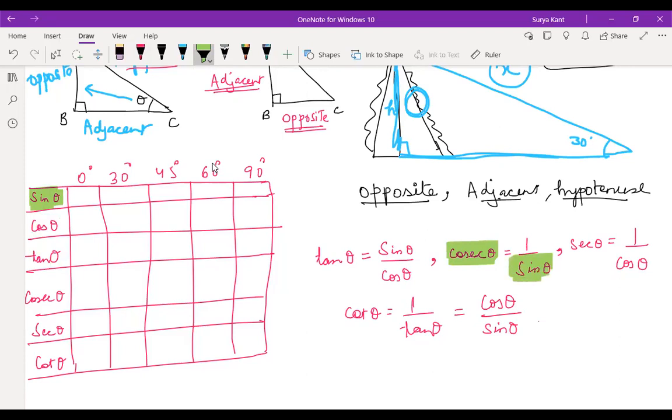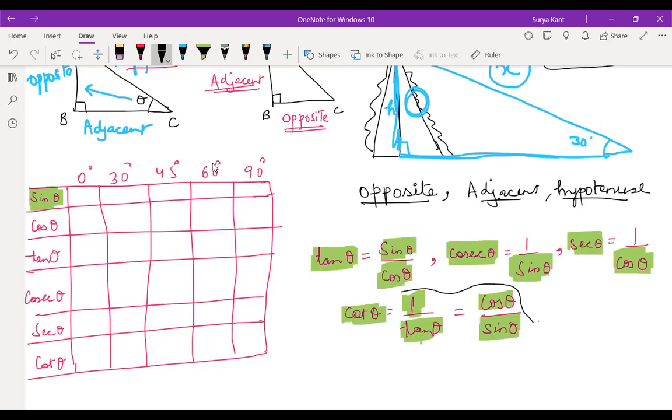Sec theta is the reciprocal of cos theta. Cot theta is the reciprocal of tan theta, and we can write cos theta by sin theta because tan theta is sin theta by cos theta. So cot theta is the reciprocal of tan theta, so we can write cos theta divided by sin theta. Is it clear, children? You can remember like this.